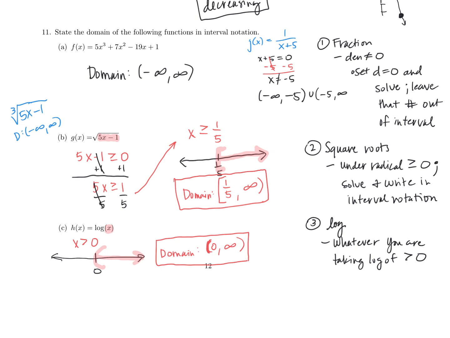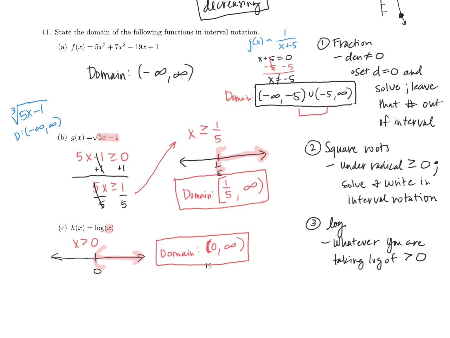Union negative 5 to infinity. So this says it can be everything less than negative 5 and it can be everything greater than negative 5. Whatever value or values you're excluding will hug this U, this union symbol. And so that would be your domain.